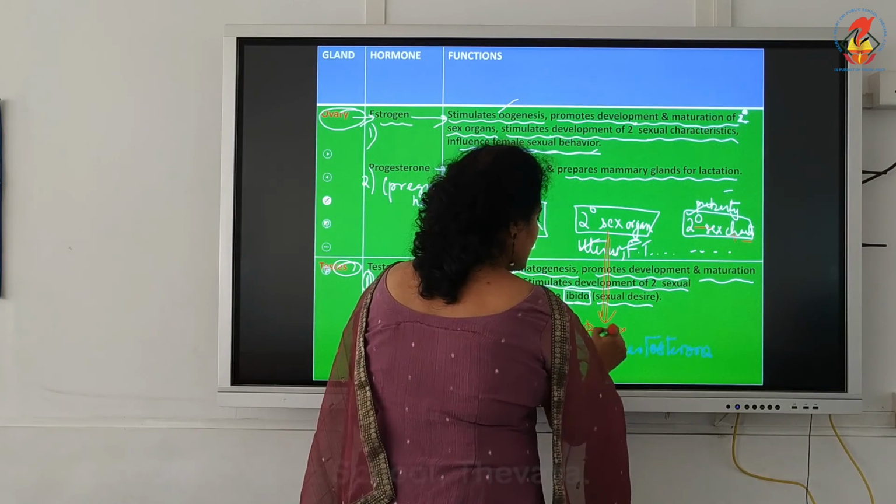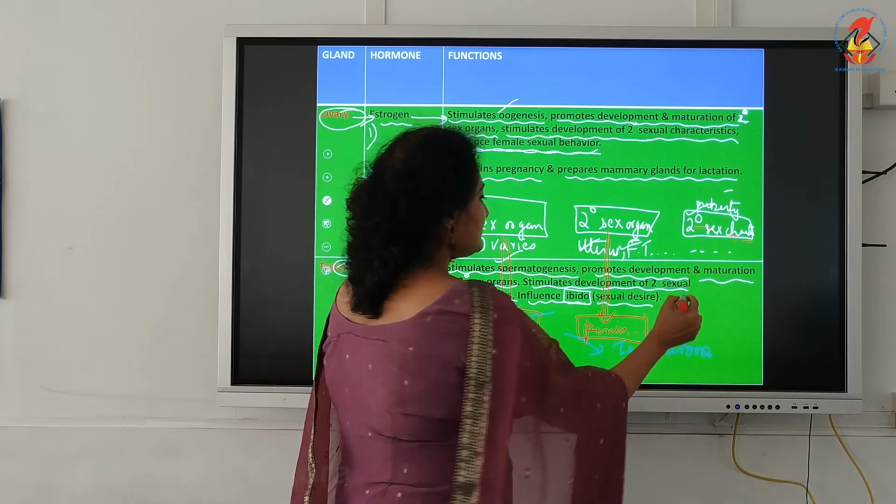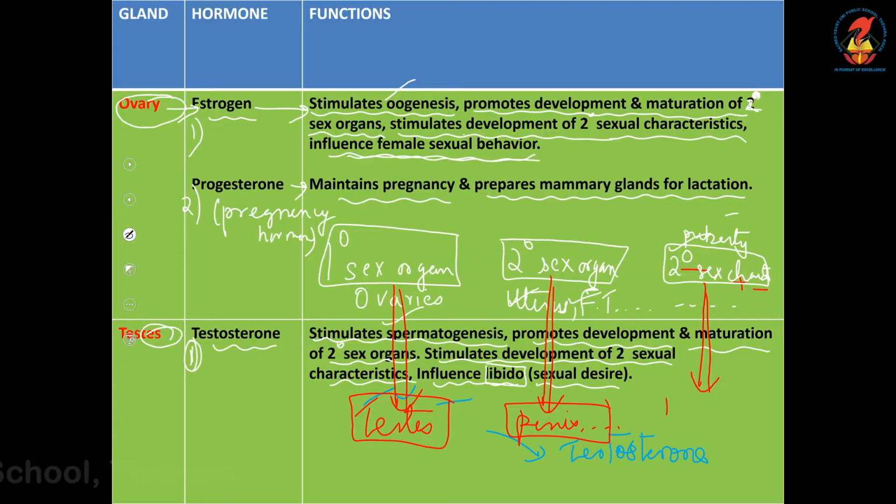And in 12th we will be learning other structures. As of now, remember penis. And the secondary sexual characters: the beard, mustache, the musculature, the voice, cracked voice in males. All these are secondary sexual characters which are developed in puberty.